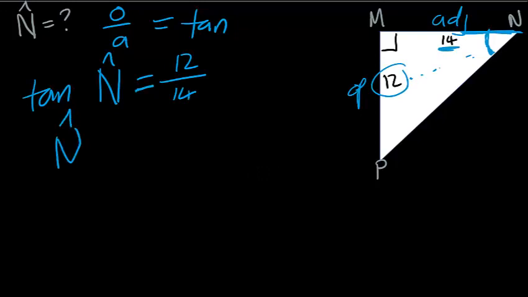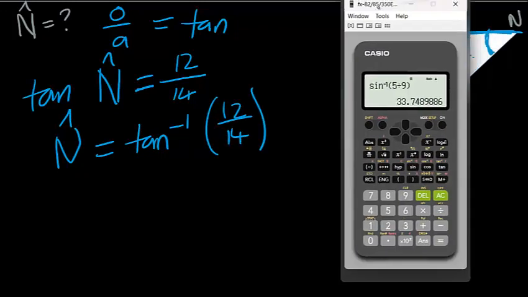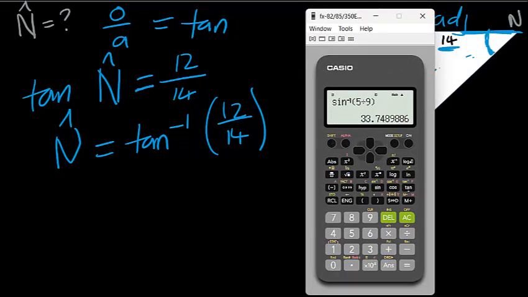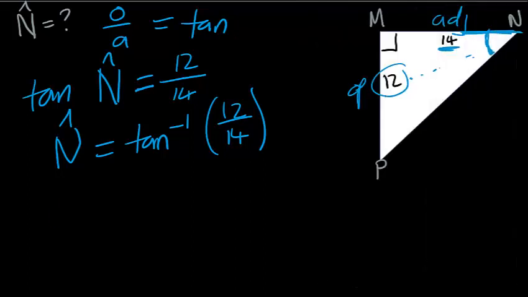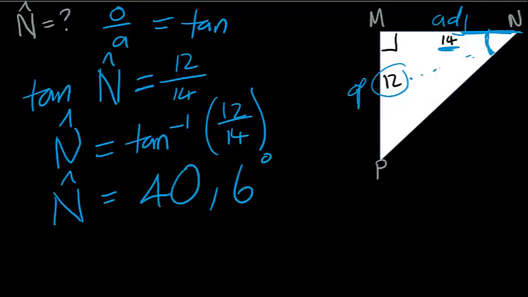Angle N is going to be equal to tan minus 1 of 12 over 14. Calculator, shift tan 12 over 14 gives me an answer of 40.60. The question says 1 decimal place, so 40.6. So angle N is equal to 40.6 degrees.